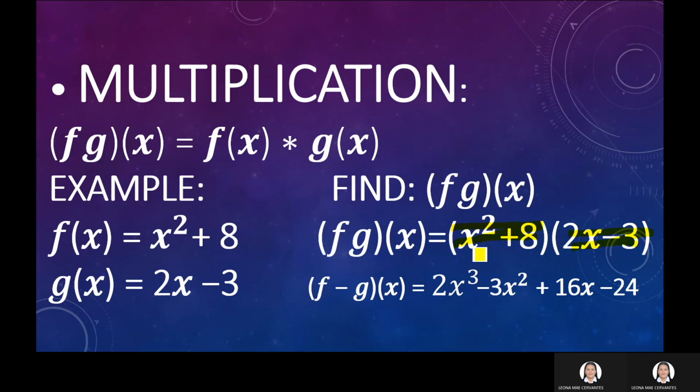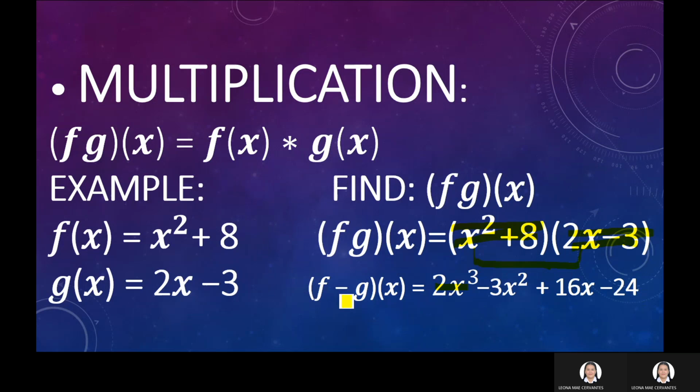Again, FOIL method, we have first x squared times 2x is equal to 2x cubed. Then x squared times negative 3 is equal to negative 3x squared. 8 times 2x, we have plus 16x. Then 8 times negative 3 is equal to negative 24.